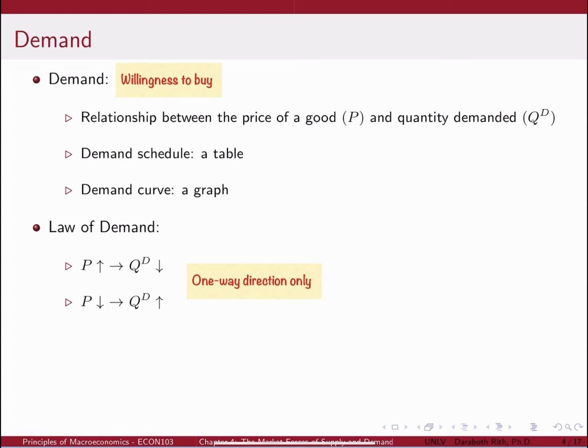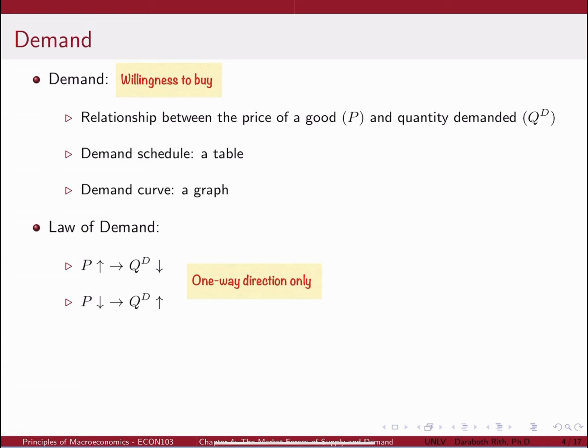That means that if the price goes up, quantity demanded goes down, and the other way around. However, you cannot say that a change in quantity demanded will make the price go up or down. This is a one-way direction only.